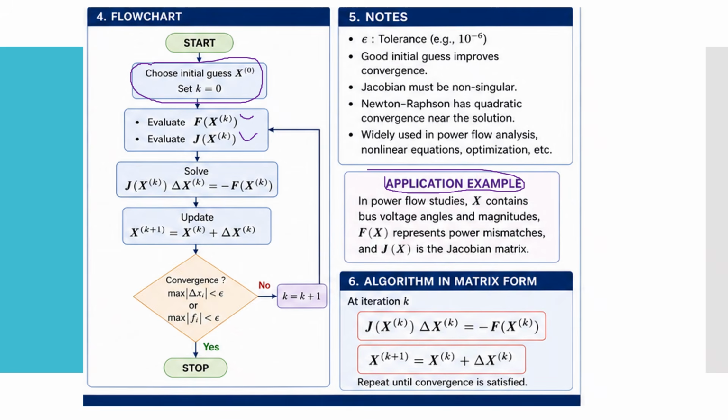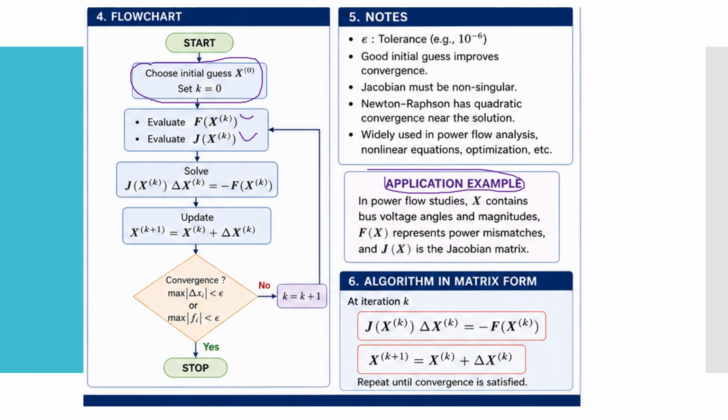The algorithm is very simple. We take a first initial guess, then evaluate the value of the function at the initial guess, and evaluate the Jacobian matrix. Then solve the equation, which is the Jacobian matrix multiplied by the correction factor equal to minus the value of the function evaluated at the initial guess.